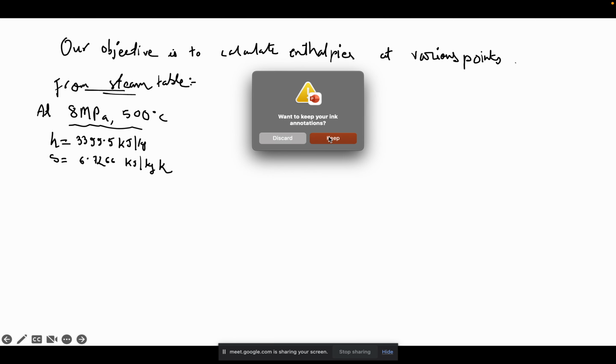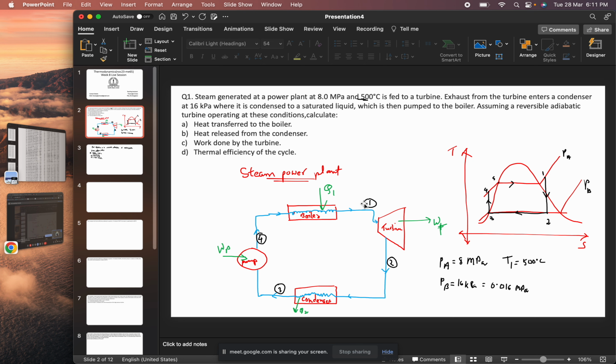Let me check again. Yes, 3399.5 and 6.7266. We only need these two values, and why we need the entropy values I will tell you shortly.